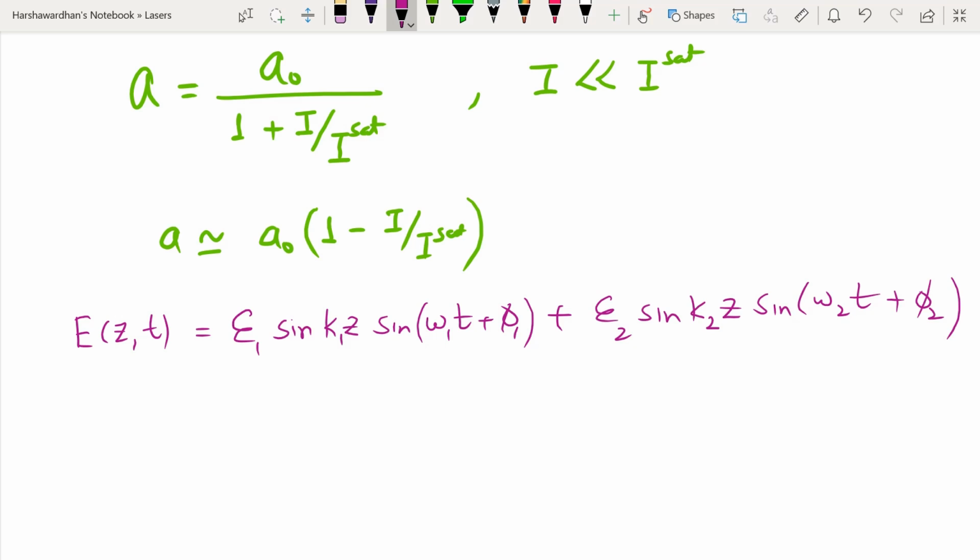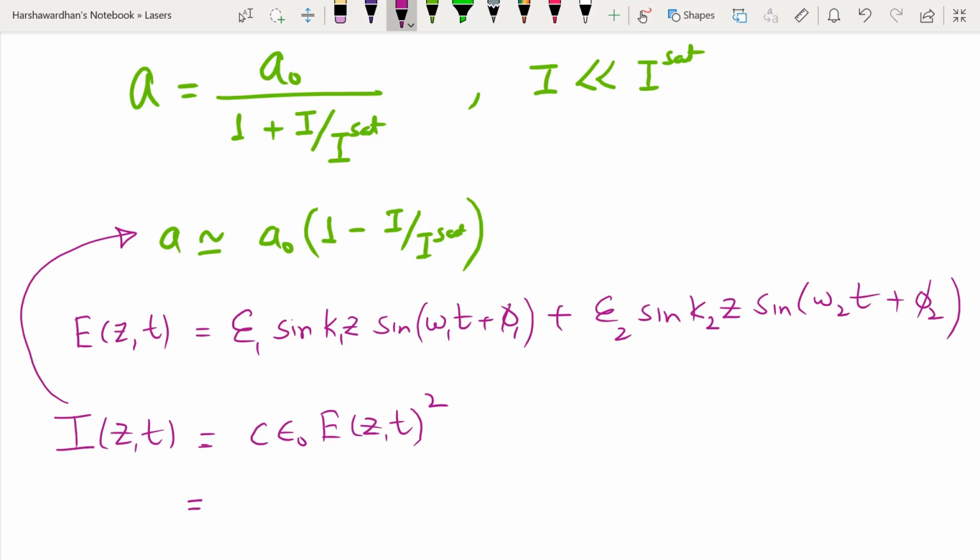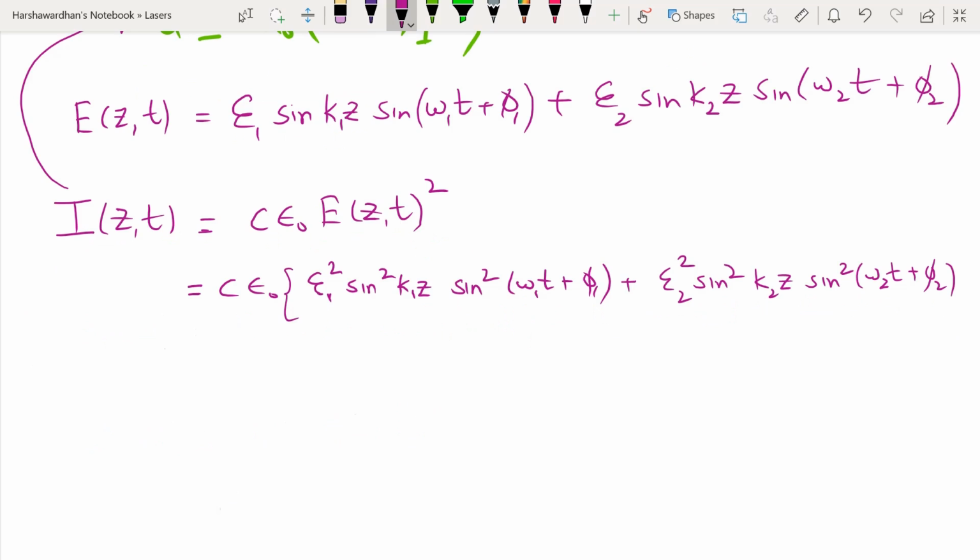And you see that, given that this is my electric field within the cavity, I can write down the intensity, which is what precisely goes into my absorption coefficient. This intensity as a function of z and t will be of the following form. So let me write down the expression, which is c epsilon naught, which has got the following three terms plus a cross term, which I am rearranging in a manner that this is equal to.